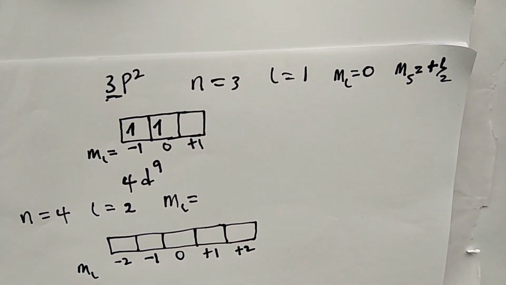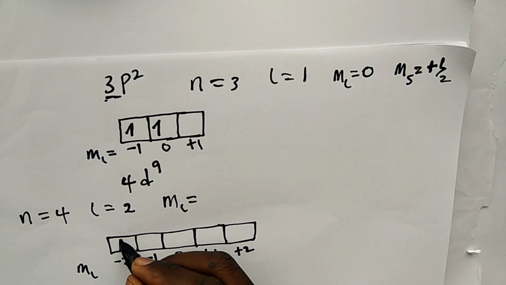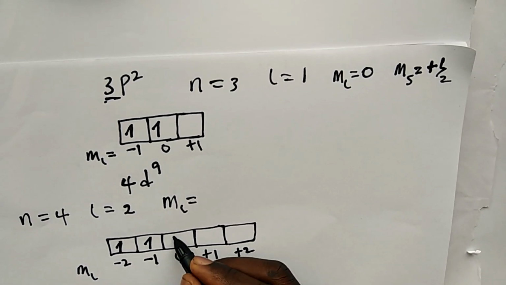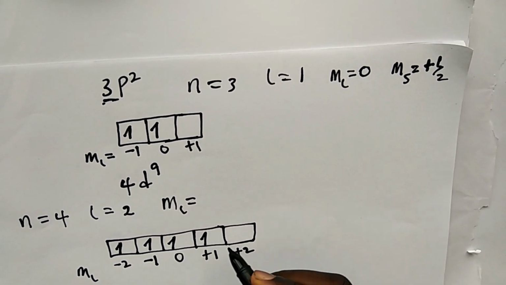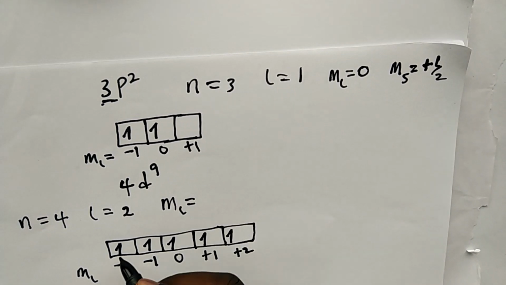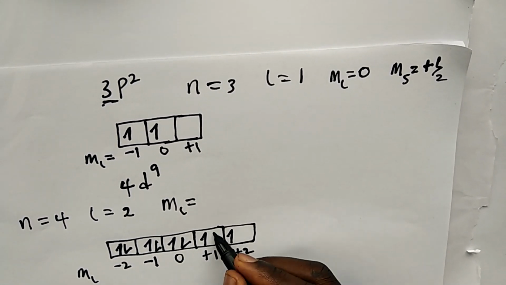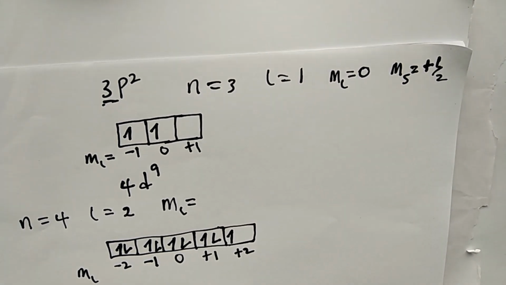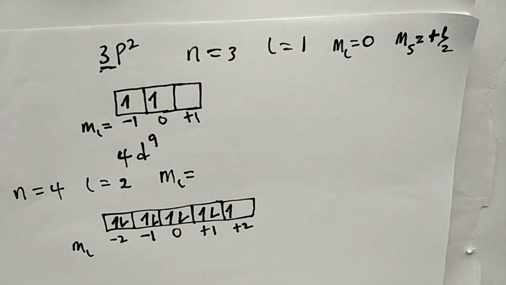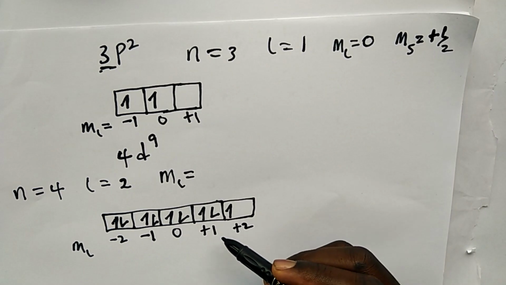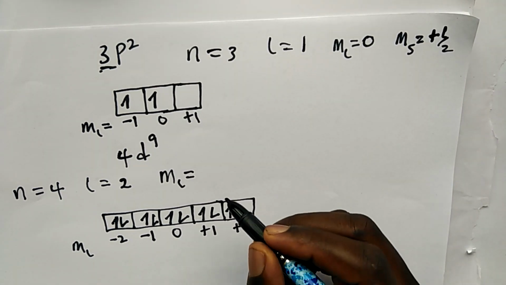Now, we have 9 electrons. Going by Hund's rule, we're going to put 1, 2, 3, 4, 5, then we'll put 6, 7, 8, 9. Since the last electron falls at plus 1, Ml is equals to plus 1.